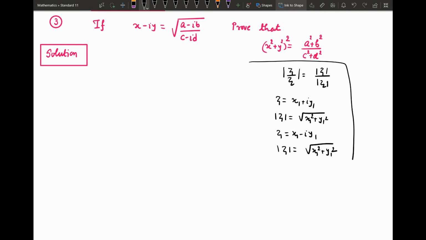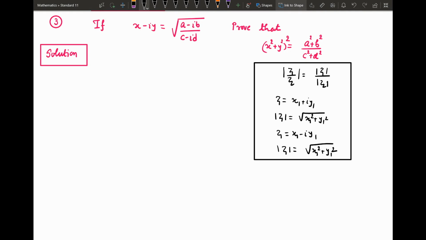So these are the basic properties which we will use.